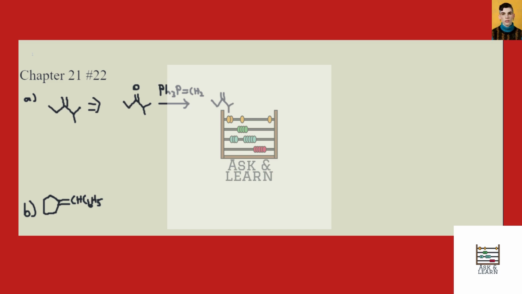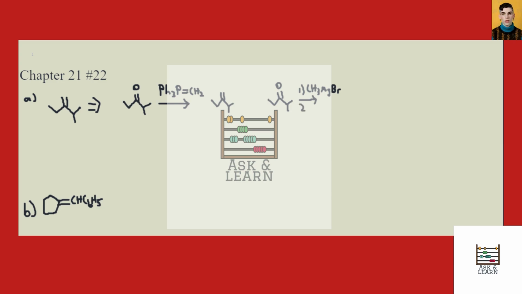And so the other way that we could do this, again, we would start from the same ketone, the exact same starting material. And then, as I said, this two-step method is going to involve using a Grignard. Again, we're just trying to add a single carbon, so this time it is going to be a methyl Grignard, CH3MgBr.